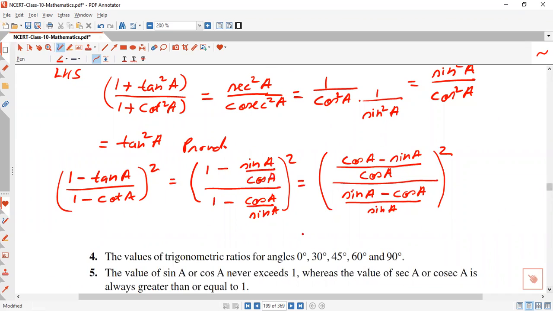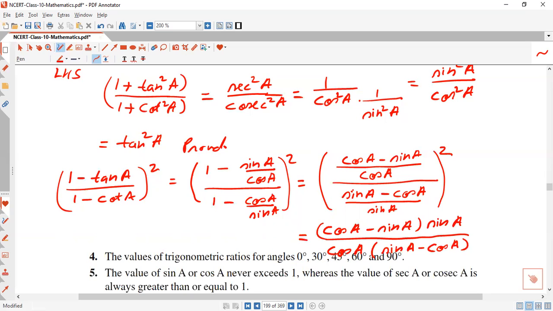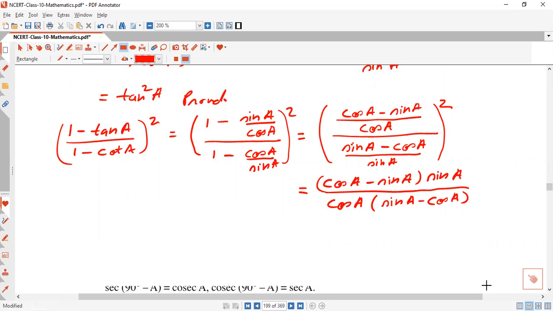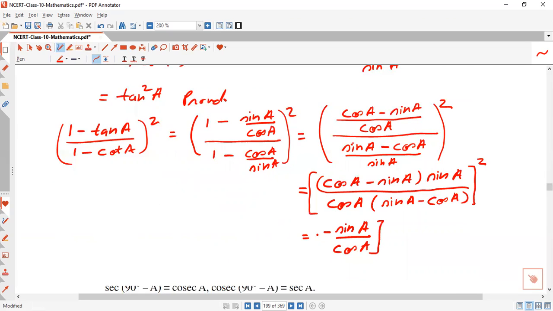So you see this one, these terms will be simplified. This one is cos A minus sin A multiplied by sin A, whole divided by cos A multiplied by sin A minus cos A. Here the product terms are coming: this cos A minus sin A and this sin A minus cos A. It will give you minus sin A upon cos A, whole square.